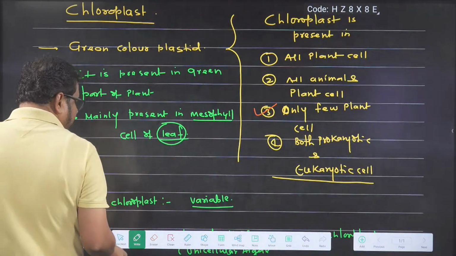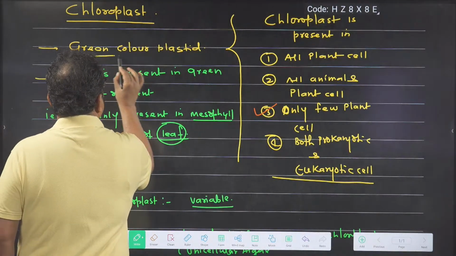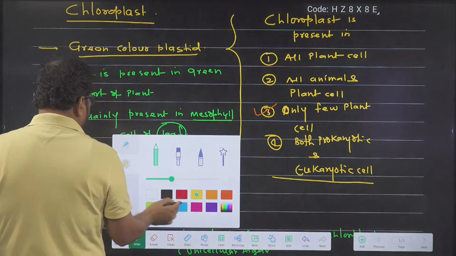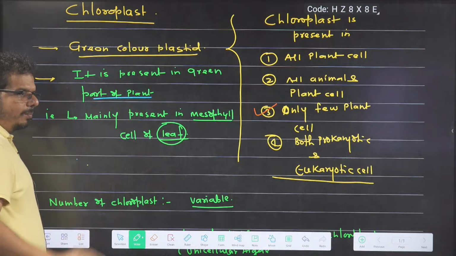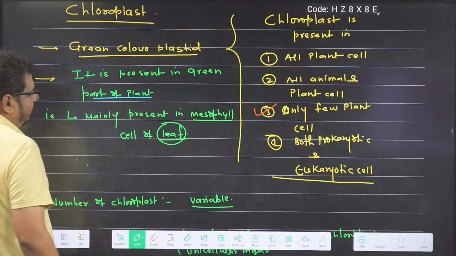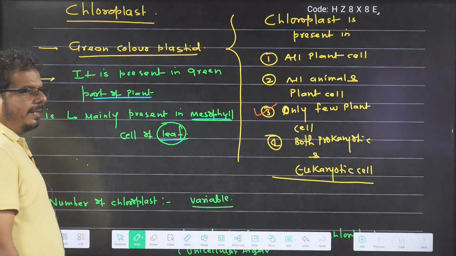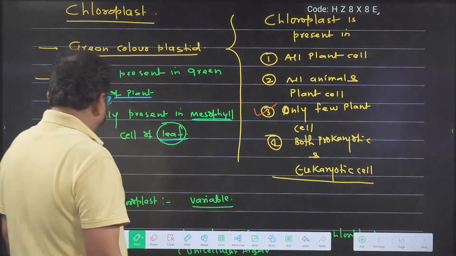I told you a green colored plastid is called chloroplast. It is present in the green part of the plant, not in every plant cell, mainly in the mesophyll cell of the leaf. If anybody asks, does the root have chloroplast? Mostly, no.